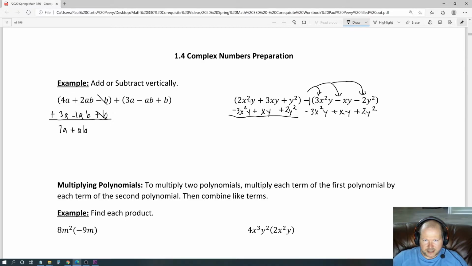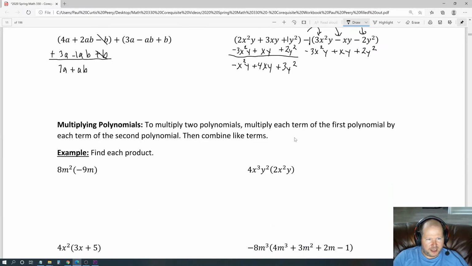Okay, so we say 2x squared y minus 3x squared y. So that'll give me a negative 1, or negative x squared y. Then we're going to say 3xy plus xy gives me 4xy. We're going to say y squared, and that's just a 1y squared, plus 2y squared gives me a 3y squared.